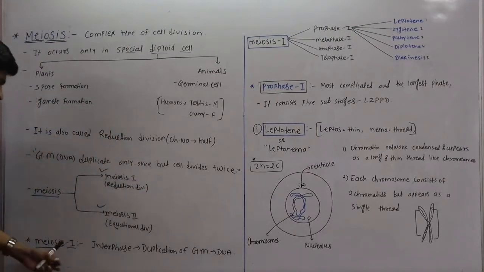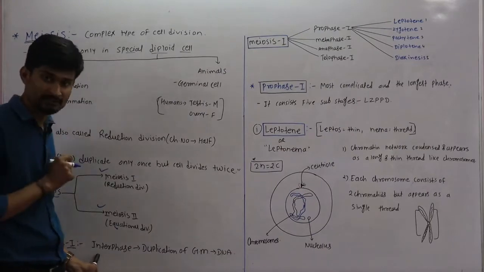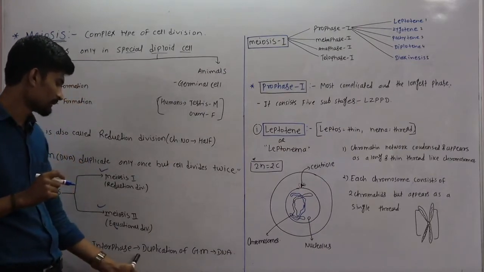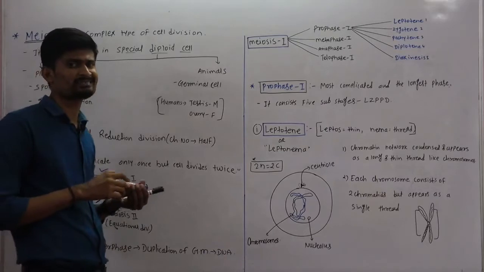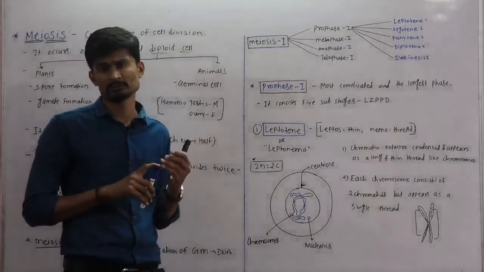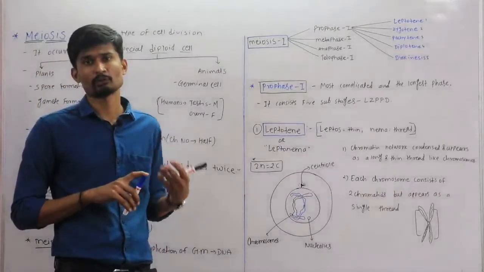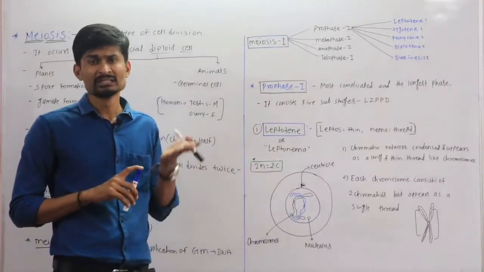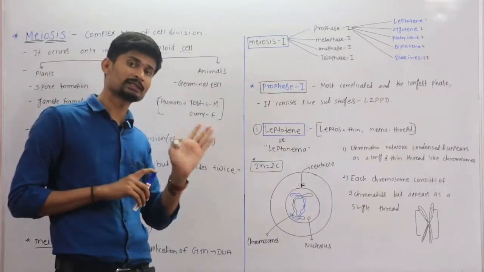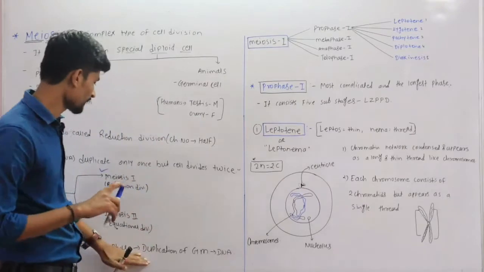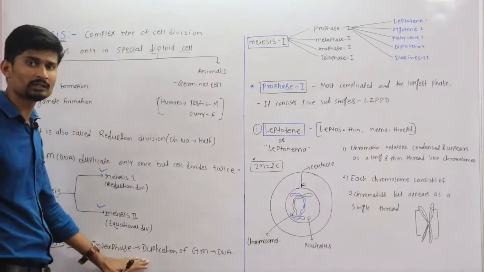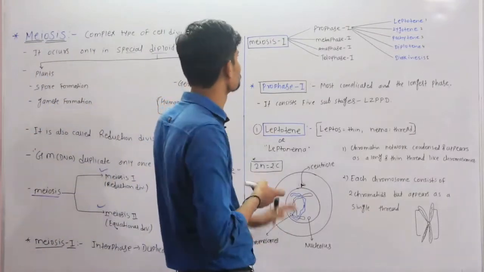Meiosis first also has an interphase, and in interphase there is a duplication of the genetic material, that is the DNA, and all the processes of synthesis of the enzymes and molecules which are required for cell division, which we have seen in the interphase. So that's why I am not explaining the interphase here, because we have already seen it.